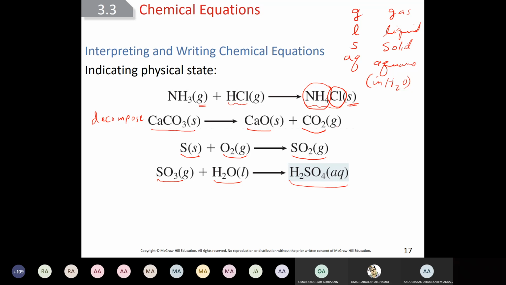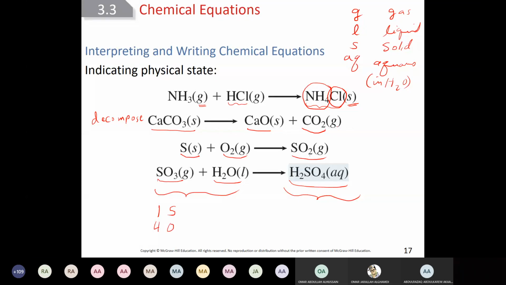We are still not done. We should make sure that the number of atoms in the reactants is equal to the number of atoms in the product. In this last reaction, how many sulfur atoms do we have in the reactants? One. How many oxygen? 4.